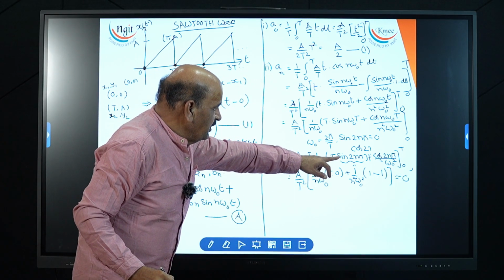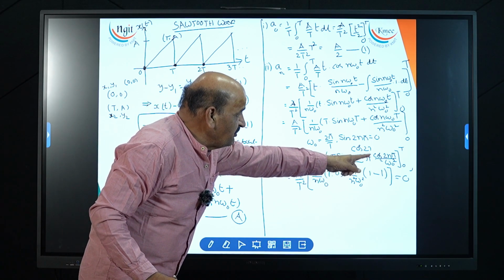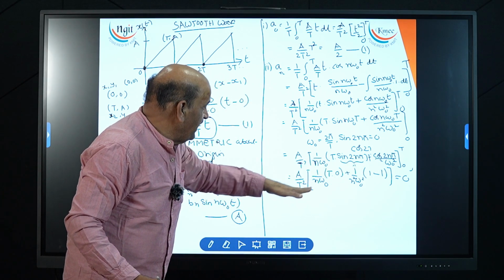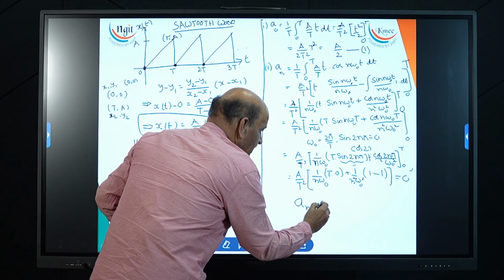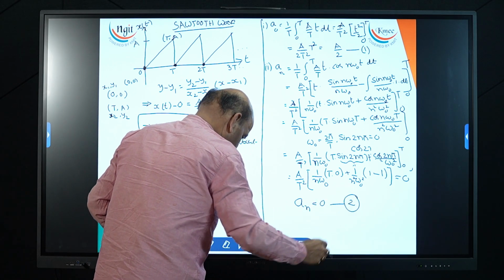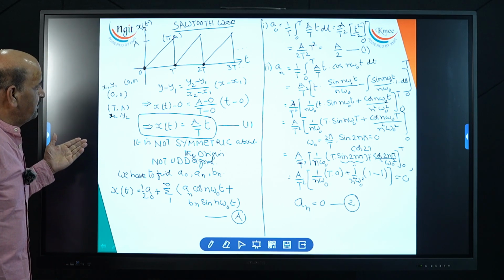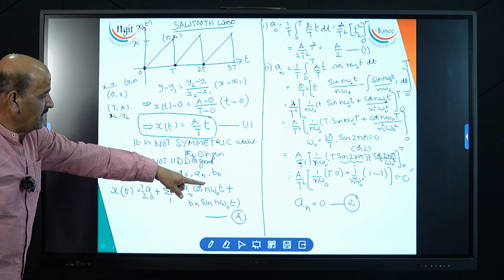Here sin 2n pi is 0, lower limit sin 0 is 0. There cos 2n pi equal to 1, substituting lower limit cos 0 equal to 1. Therefore, entire value equal to 0. Therefore, for this one, an value becomes 0. This is 2. Now just look at here, a naught equal to A by 2, an equal to 0.